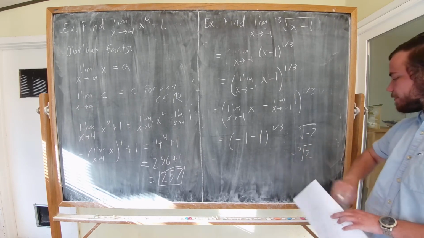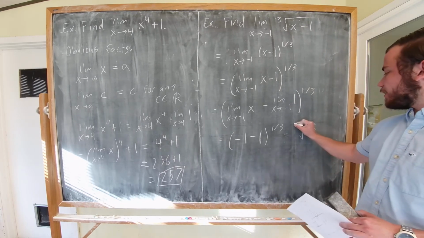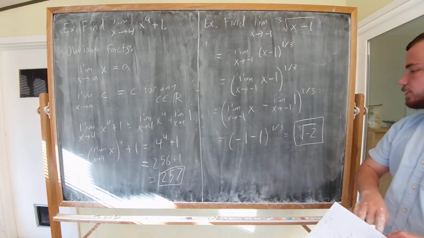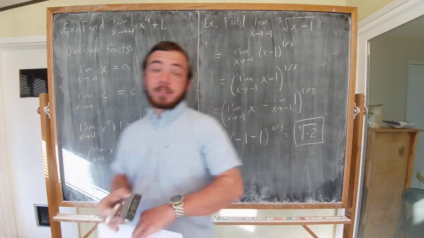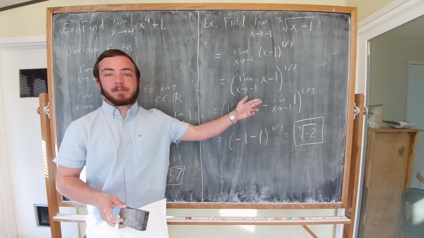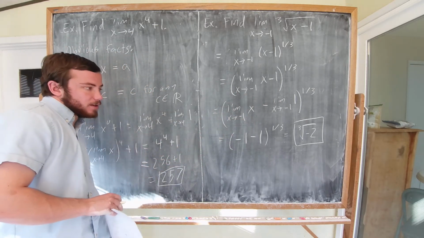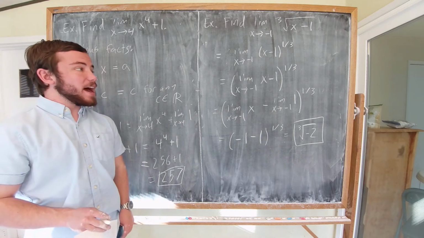Negative cube root of 2, same thing. But let's go with the cube root of -2. Remember, we can take cube roots of negative numbers, just not square roots. Even powers, bad. Odd powers, good. With roots.